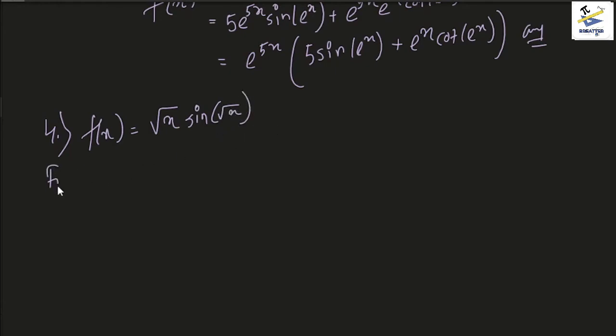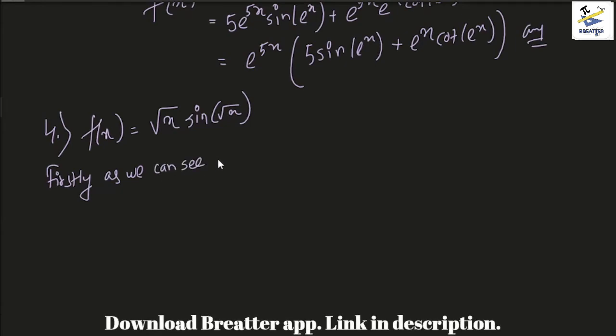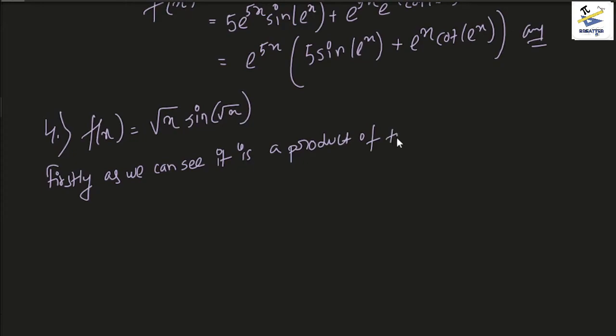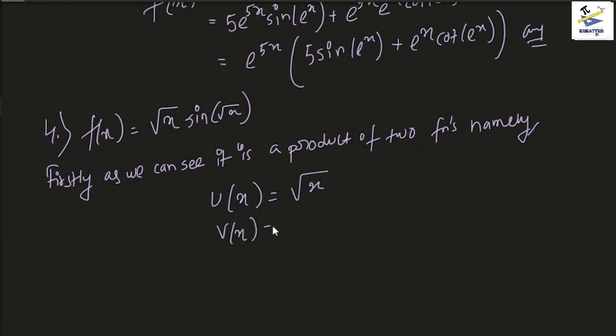So firstly, as we can see, it is a product of two functions, namely, so let me write down the names for these functions. u of x equals root x and v of x equals sine of root x, right?